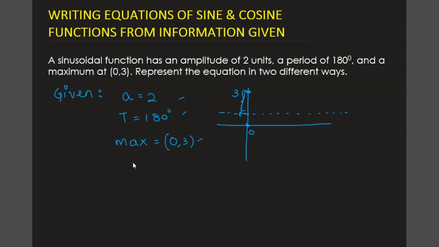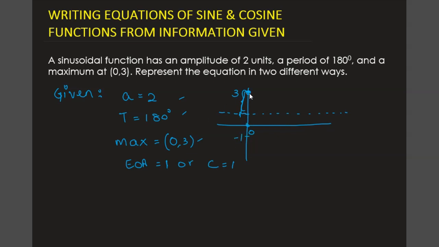So we can say that the equation of axes is equal to 1, or we can say C is equal to 1. If amplitude is 2, when you go from 1 to 3, you see a max. When you go from 1 to negative 1, you will see a min.